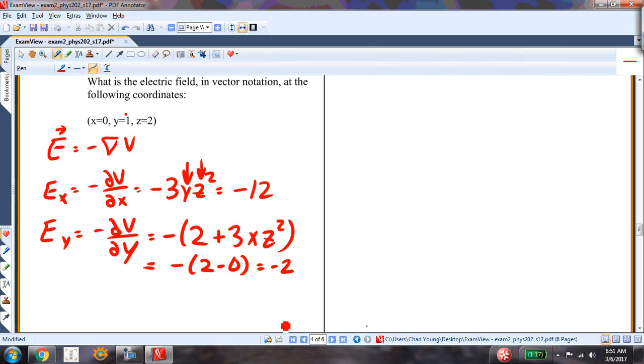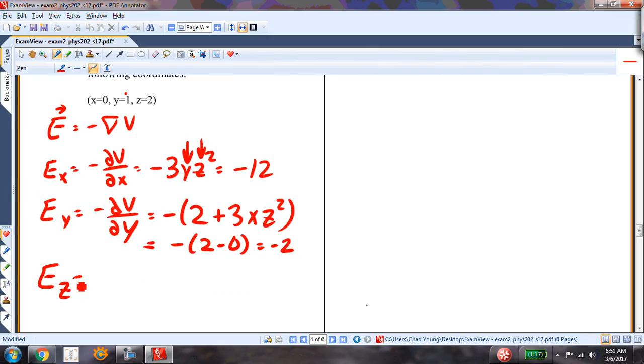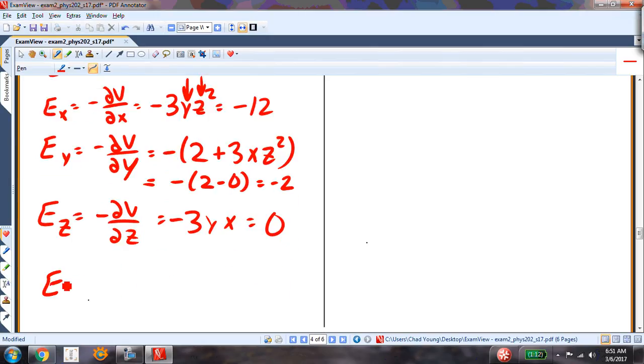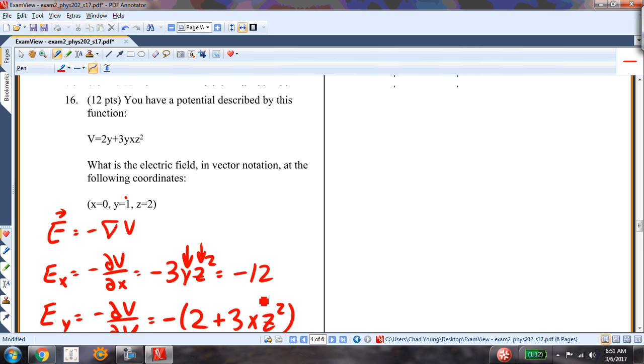So that's the y component, and now the z component. That's equal to 0 because x was equal to 0. So now the electric field is negative 12i minus 2j plus 0k, or you can leave off the 0k if you like. I think that was all I asked, yes.